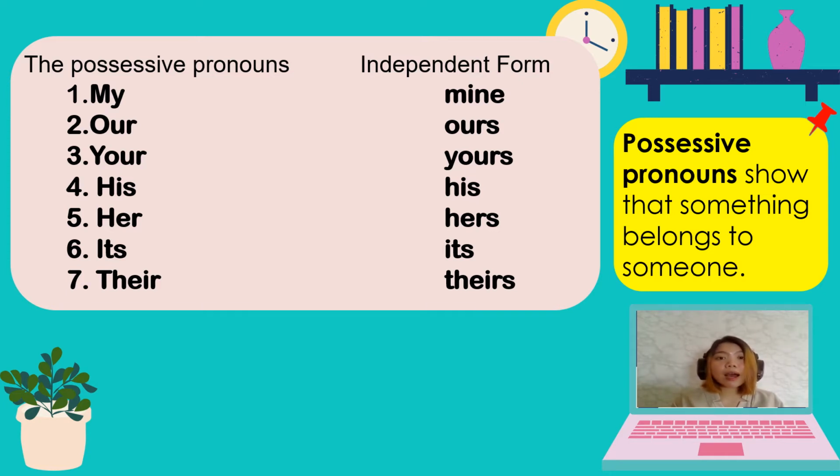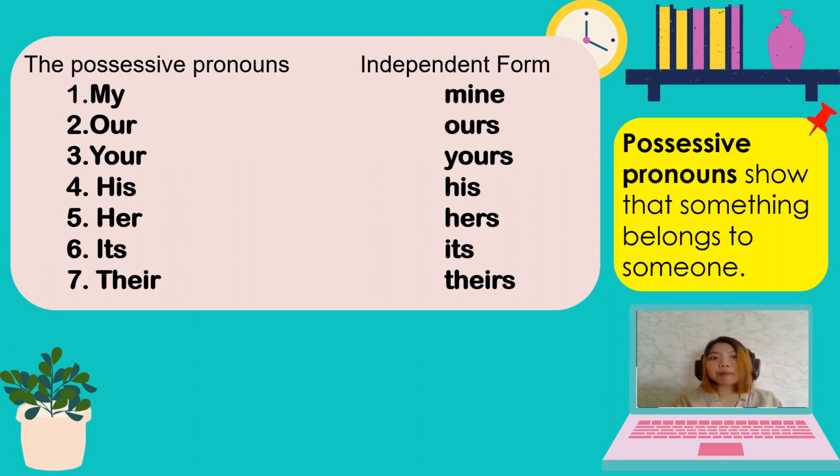Our, ours. Your, yours. His, his also. Her, hers. Its, its. Their, theirs. So, these are examples of the possessive pronoun and its independent form.